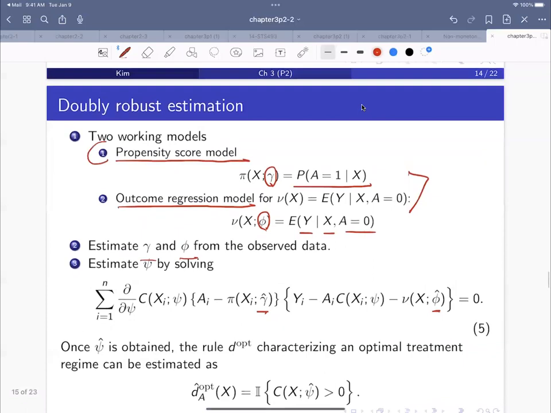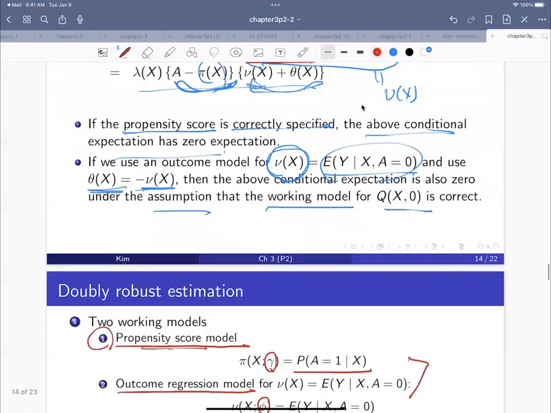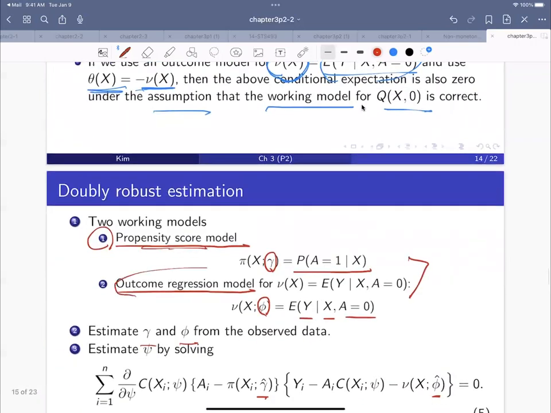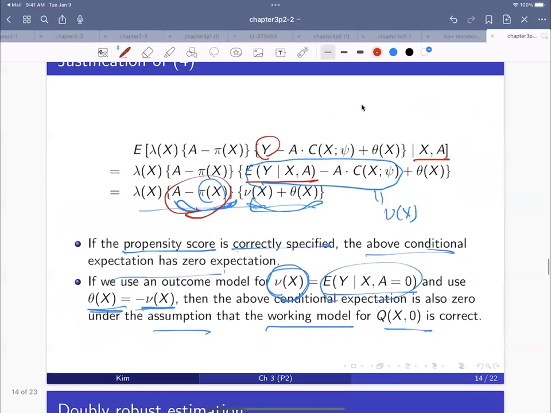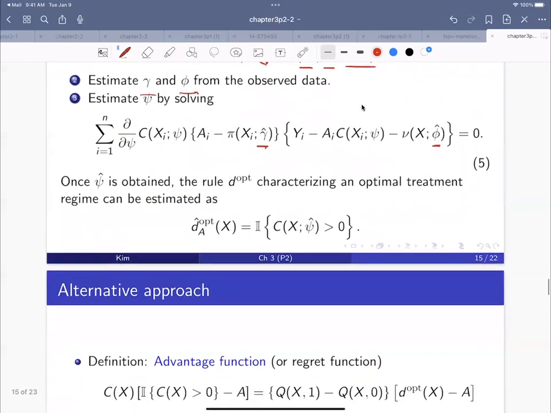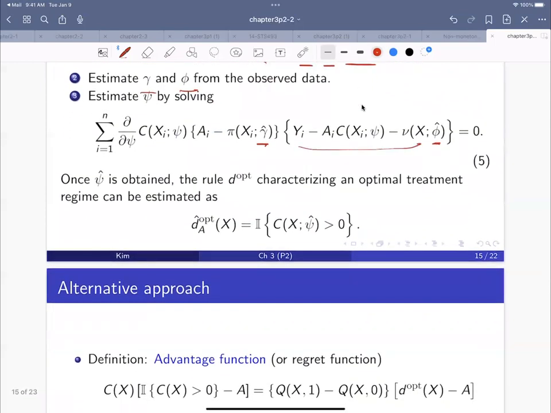Again, if the propensity score model is correct, then this term is 0. If the outcome regression model for Y given X and baseline A equal to 0 is correct, then this term is 0, so the second term is 0. So either this term is 0 if 1 is true, or that term is 0 if 2 is true.